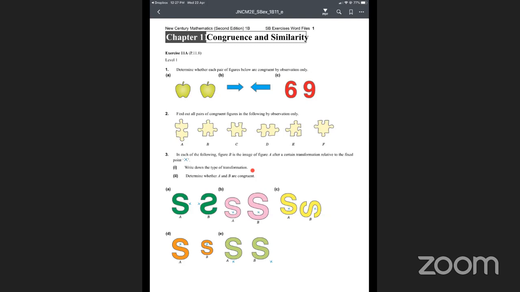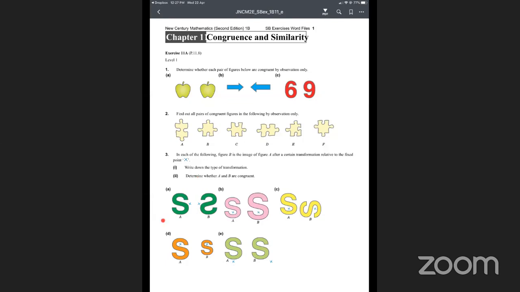I really suggest you write down some notes in your textbook. It is also good practice to use different colors so that you can highlight things with different meanings. And then determine whether A and B are congruent. Number 3 is a kind of integrated question.